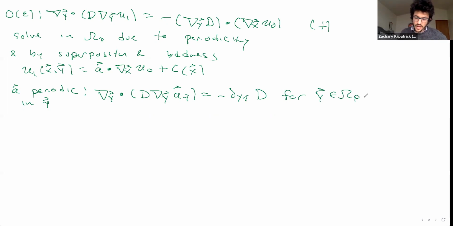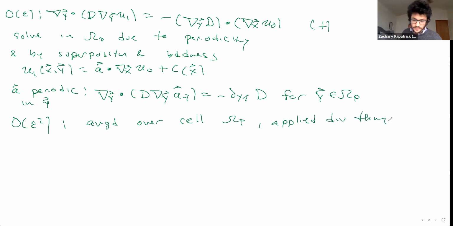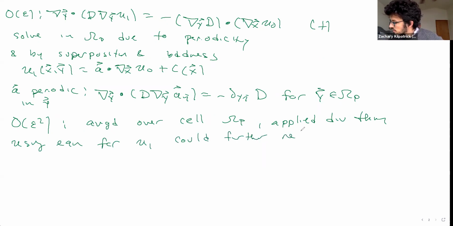So the next thing we got to was the order epsilon squared equation, and we basically average this over a cell omega p, and we applied the divergence theorem, and using our equation for u1, we could further reduce.